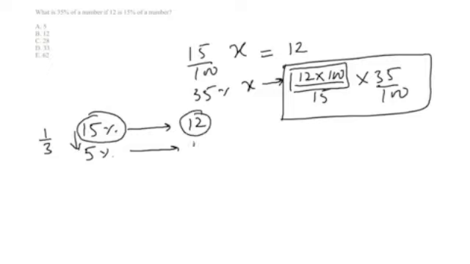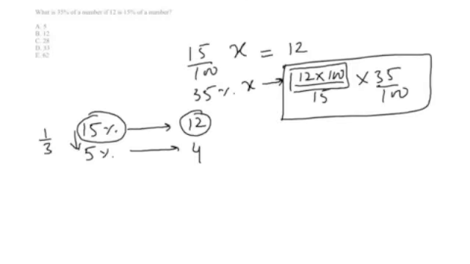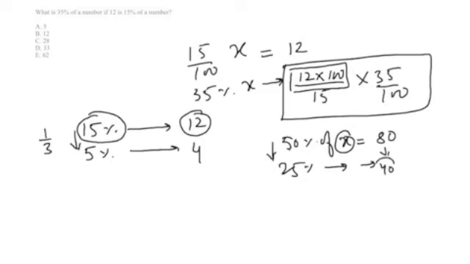So 1/3 of 12 would be 4. For example, if I say 50% of something is equal to 80, then 25% of that something, which is half of it, would be 40. That's what I'm basically doing.